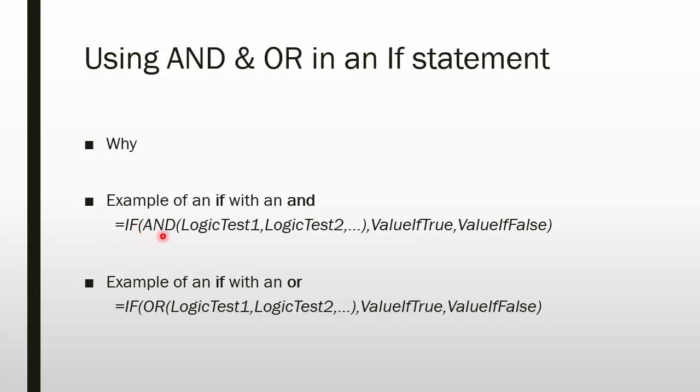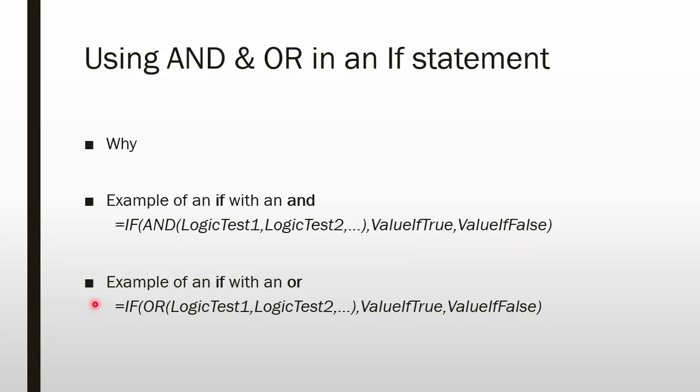Then in this area where our and is listed here, all the way up to the comma just before value of true, is our logic test area, and this is where we've placed our and with its series of logic tests. We have an opening parenthesis for if, an opening parenthesis for and, a closing parenthesis for and, comma, our value if true, comma, our value if false, and our last closing parenthesis for the if statement.